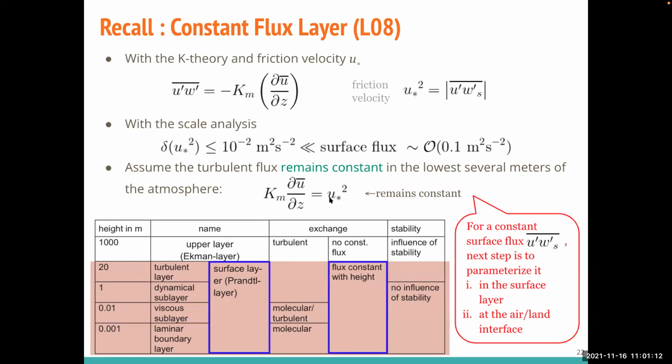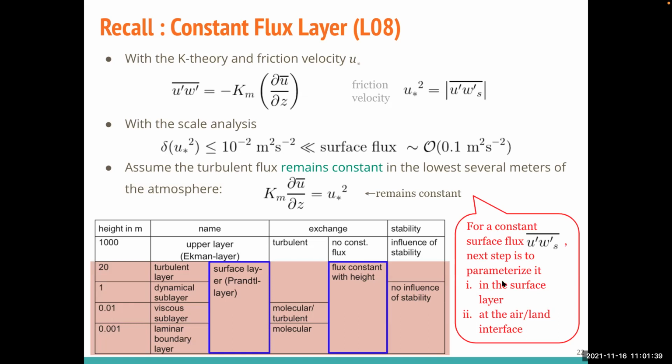Okay, so here, if we apply this constant flux layer to the surface, the constant surface flux, there's a subscript here. So the next step, we have done this for the surface layer, but we have to parameterize it in the surface layer and also in the air-land interface.